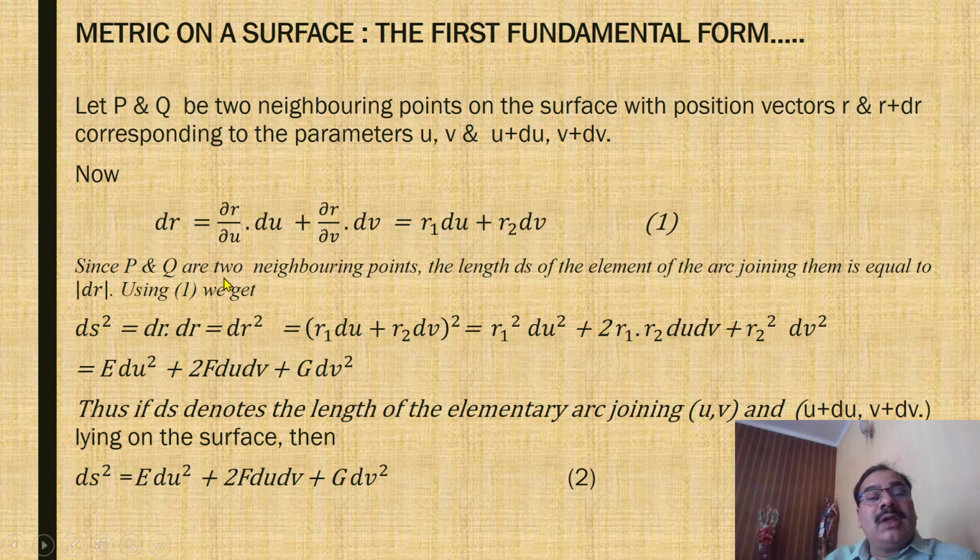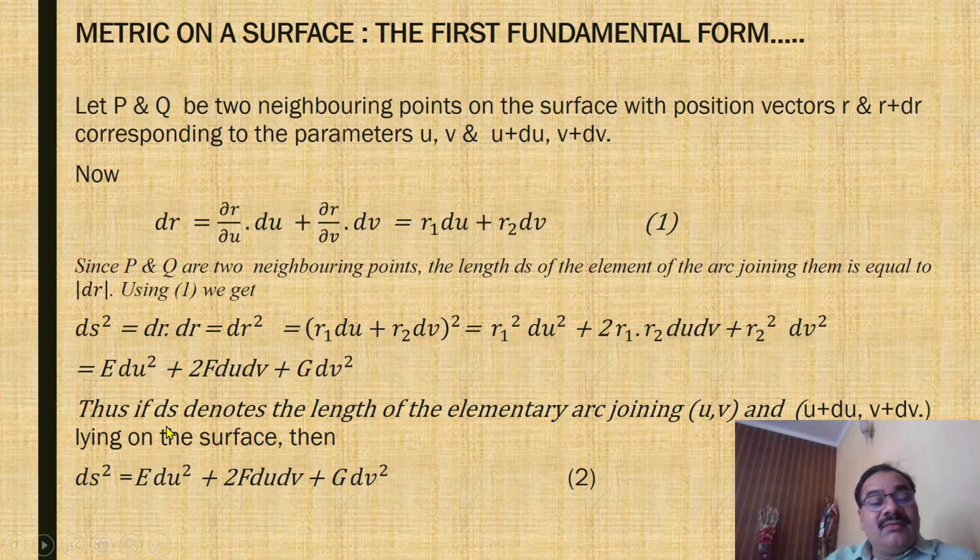It is very clear from the above expression that P and Q are two neighboring points, and the length ds of the element of the arc joining them is equal to the modulus of dr. So using the above equation, we get ds² = dr·dr = |dr|², which may be expressed as (r1 du + r2 dv)², or r1² du² + 2 r1·r2 du dv + r2² dv², or as per the assumptions taken above, E du² + 2F du dv + G dv².